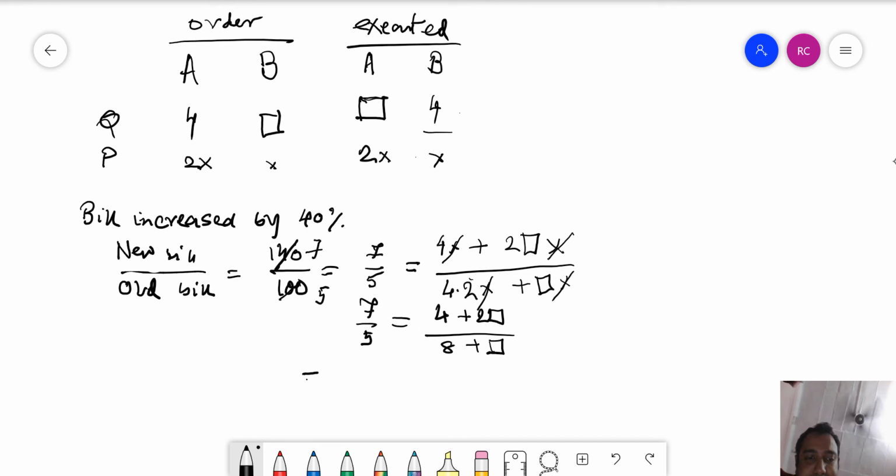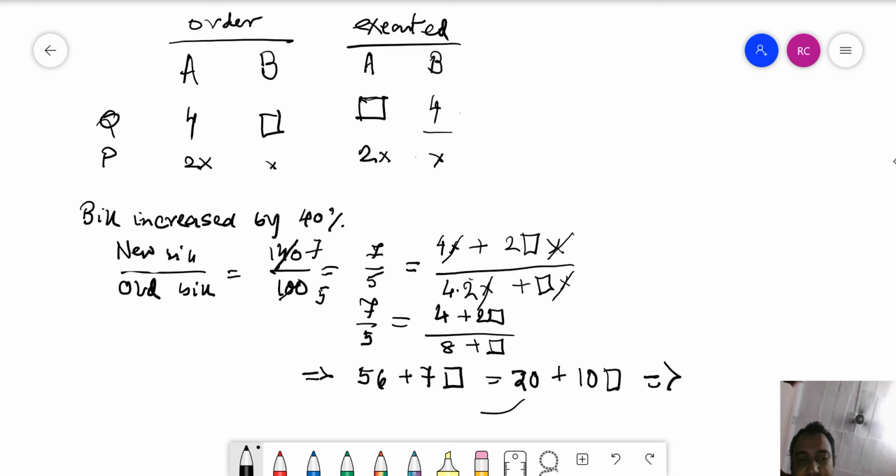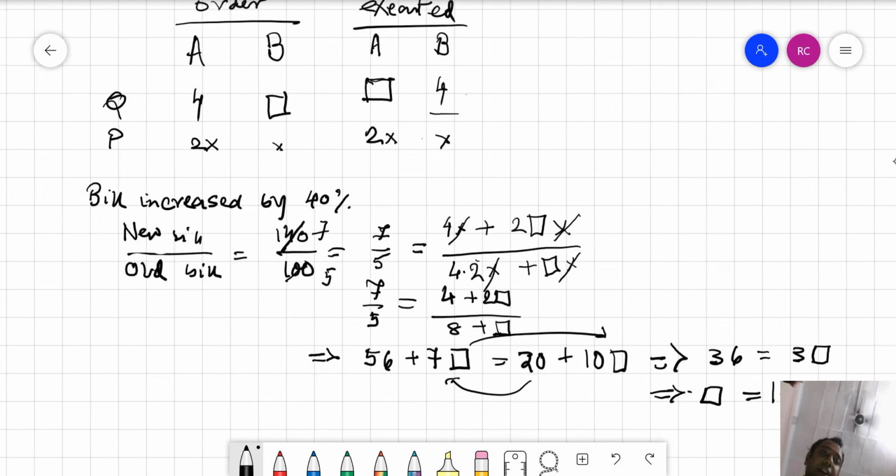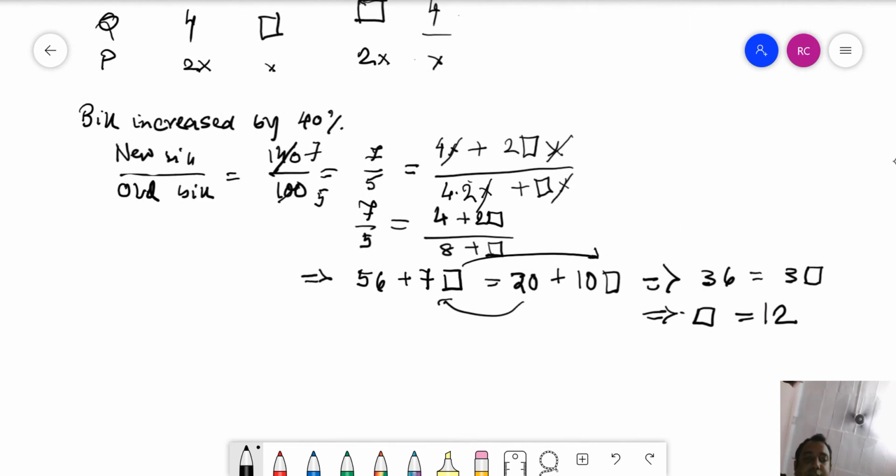Now we can just solve it, right? We get 56 plus 7 box on the left, and 20 plus 10 box on the right. If we take this here and this here, we get 36 on the left and 3 box on the right. Solving, we get box is equal to 12. So the number of B ordered is 12.